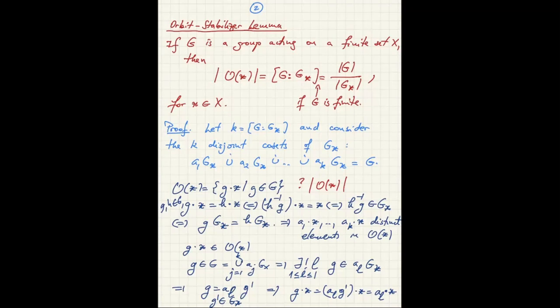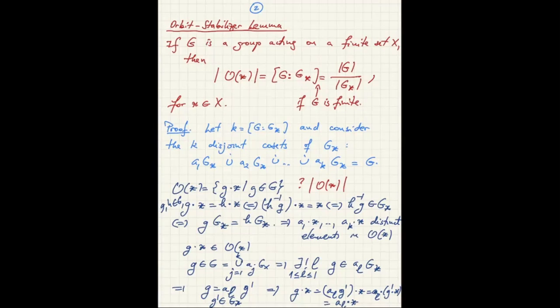And therefore, when we look at the action of g on x, it's the same thing as a_l g' acting on x. And this is, by the second property of the group action, the same as a_l acting on g' acting on x. But g' is from the stabilizer, so g' acting on x is x, so we get a_l acting on x.